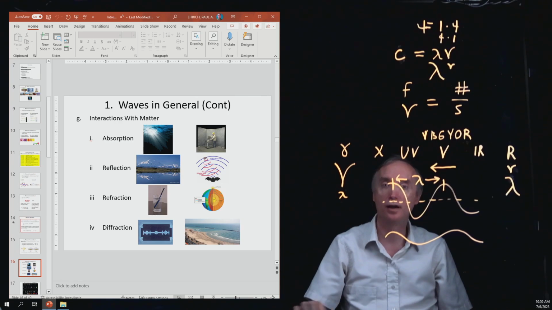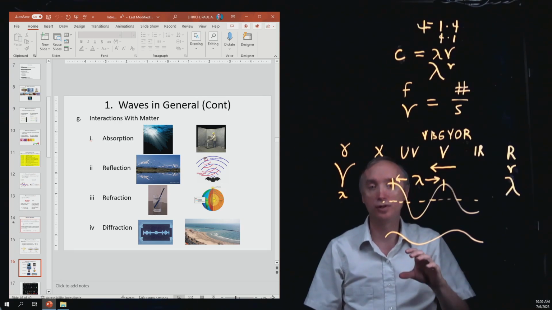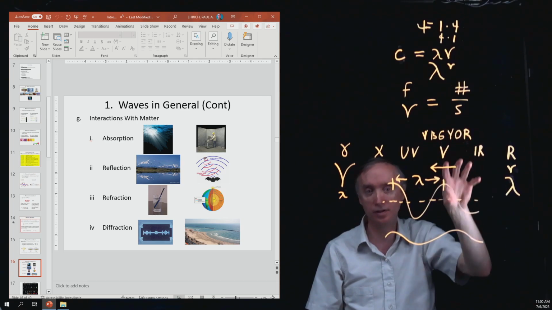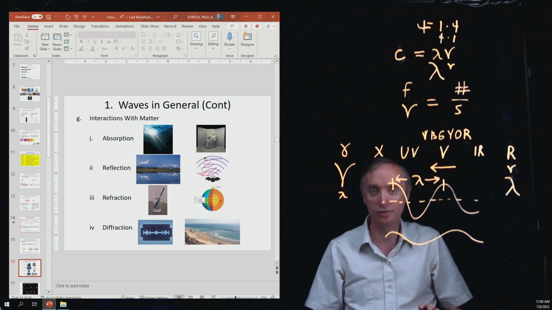Okay, and then interactions with matter. You can skip the stuff in the right-hand column because all of that is mechanical waves. But you should know what the word absorption of light means.